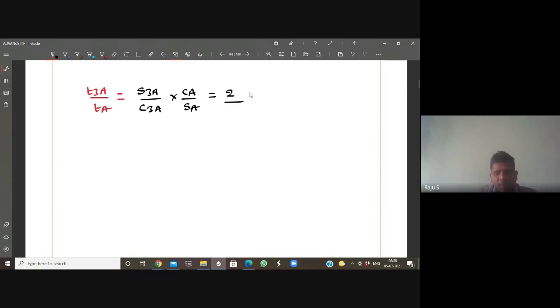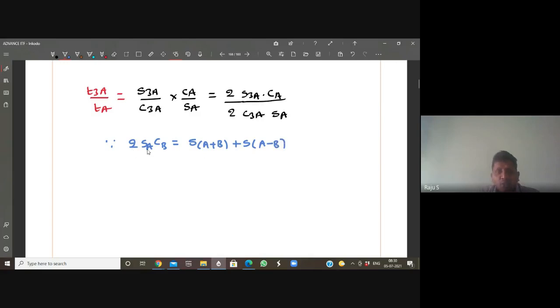So I want to multiply and divide by 2. So 2 sin 3a cos a by 2 cos 3a sin a. Student, if you observe the numerator, it is in the form of 2 sin A cos B. Is there any formula for 2 sin A cos B? Yes, this is the formula: sin(A plus B) plus sin(A minus B).